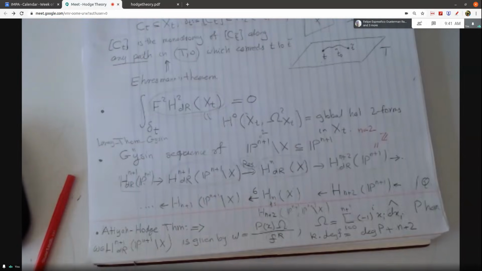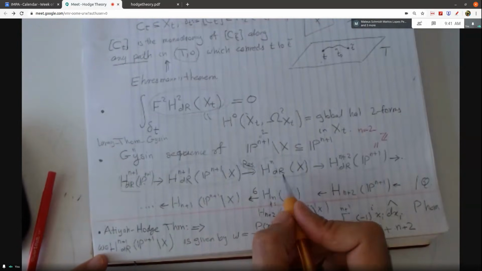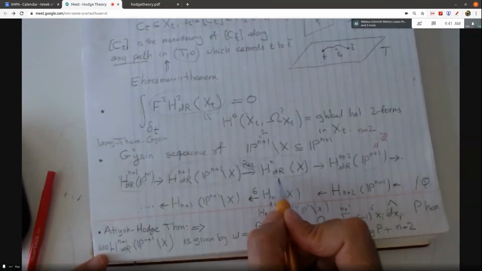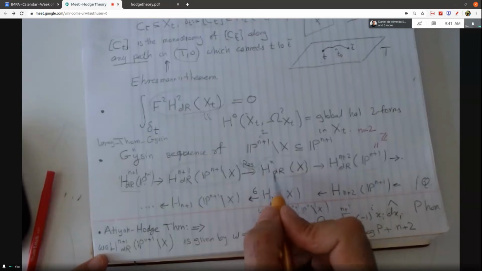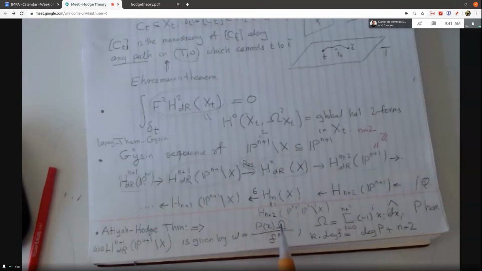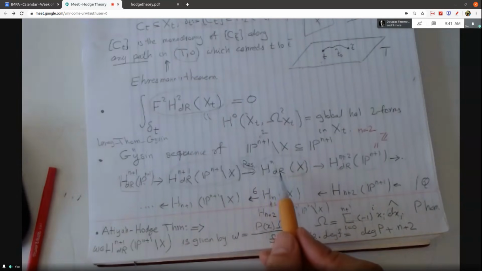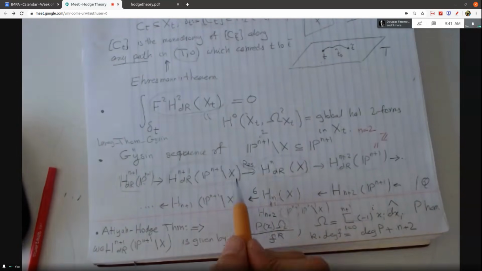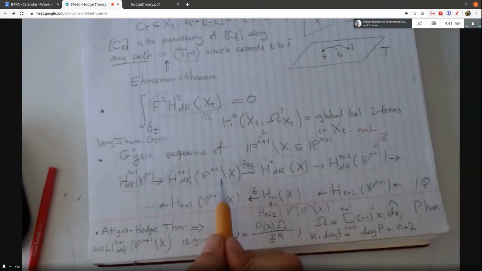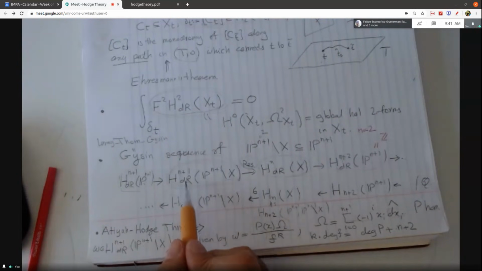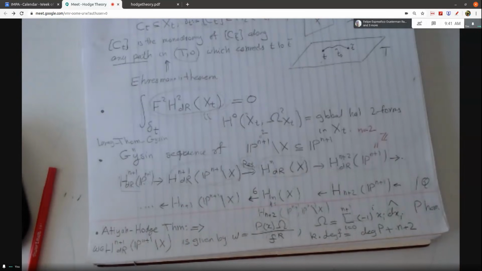And actually, Griffiths did this even without taking care of all of Grothendieck's hypercohomology. So basically, for the hypersurface, we don't need the language of hypercohomology for the moment.